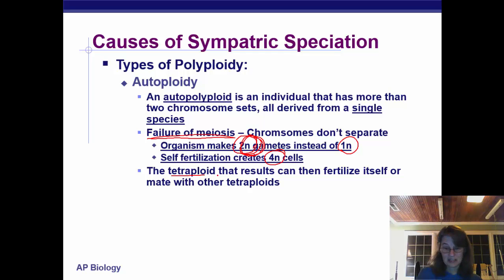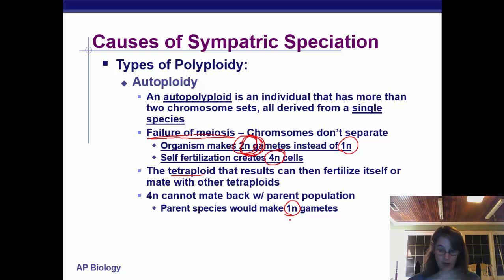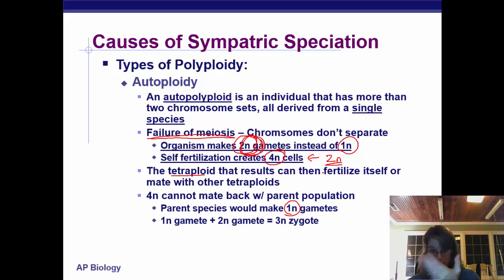What they cannot do is mate back with the parent population that has the normal diploid arrangement. The reason they can't is because a parent species would make normal 1N gametes, like human sperm and egg, for example. But these 4N organisms, when they go through meiosis, will make 2N gametes, because we have to cut the chromosome number in half.